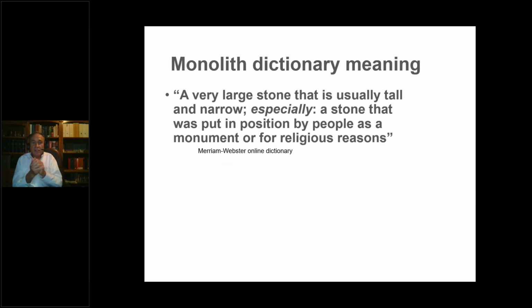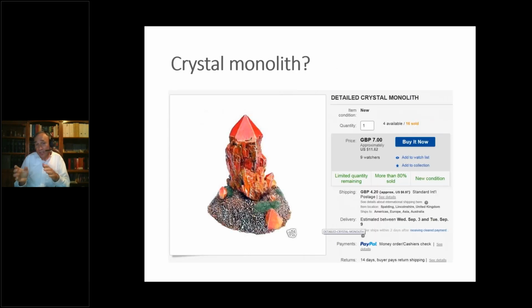A very large stone that is usually tall and narrow, especially a stone put in position by people as a monument or for religious reasons. This doesn't work. So then I looked online and I saw not a cryogel monolith, but a crystal monolith. And this looks like a game piece or something, or a decoration for my son's room. This is not what the patent application means, I'm sure.